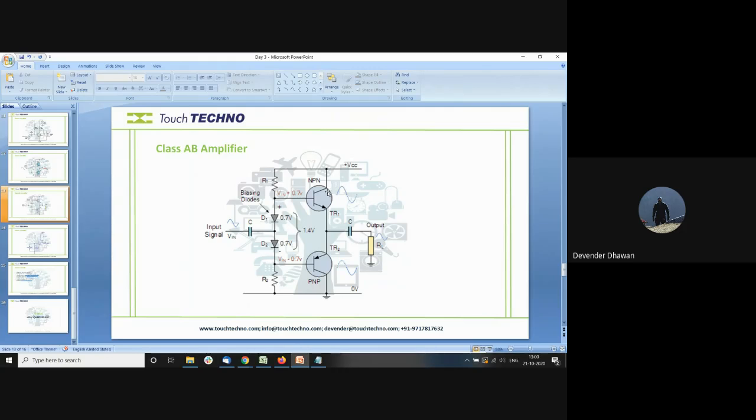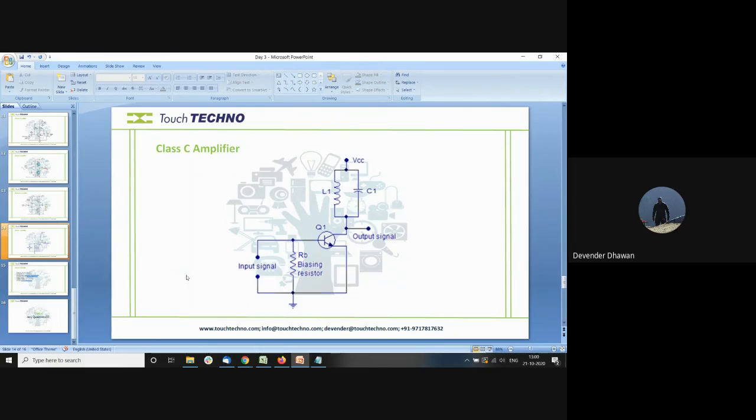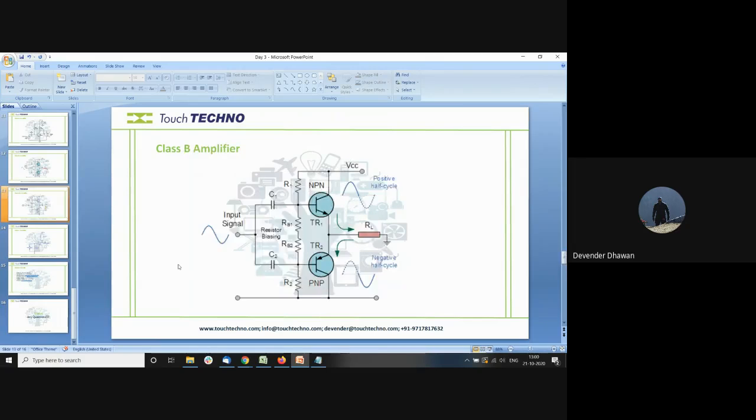So we will again be using the same NPN and PNP. Then the last one is class C, which is like this. We have an inductor and a capacitance here at the collector end, and simple bias resistors on the base. So two simple classes.